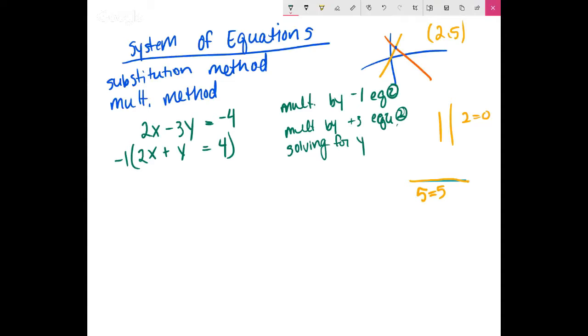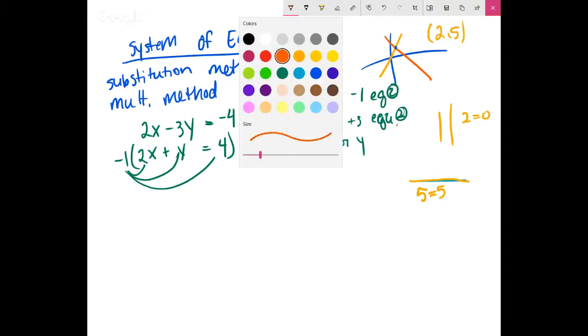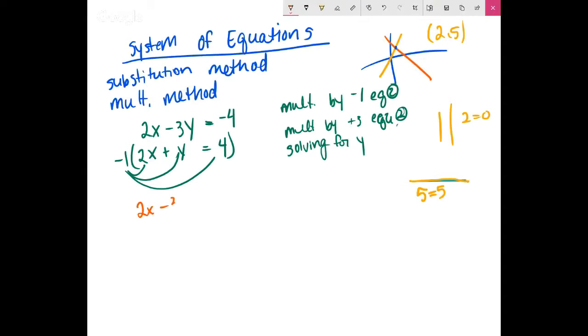I messed up. So let's make sure we distribute this -1 all the way through to each of the terms. So, new color. We're going to have 2x minus 3y equals -4. And then we're distributing the -1. So -1 times 2x is -2x. -1 times +y is now -y. And then -1 times +4 is now -4.